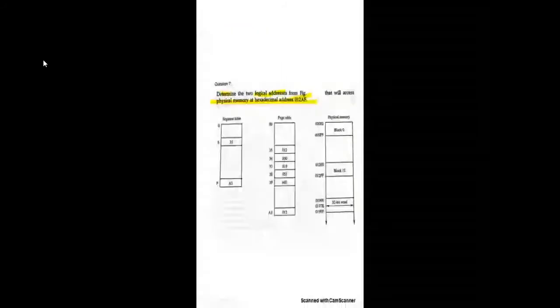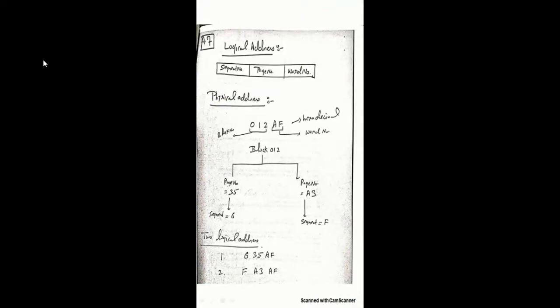So let's come back here. He has given the physical address. Physical address means the frame number, that is the block number, and the offset are given. As shown here, you have a logical address and a physical address.